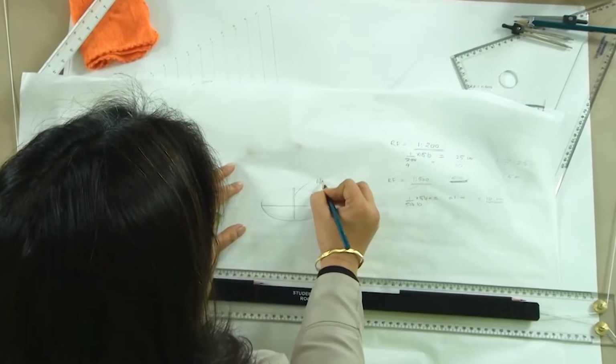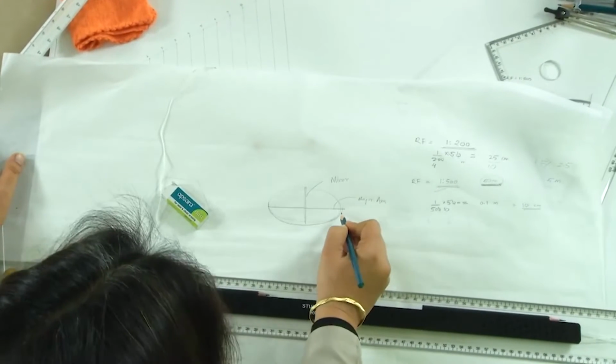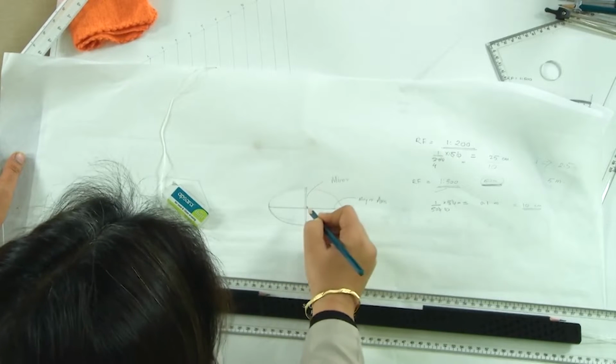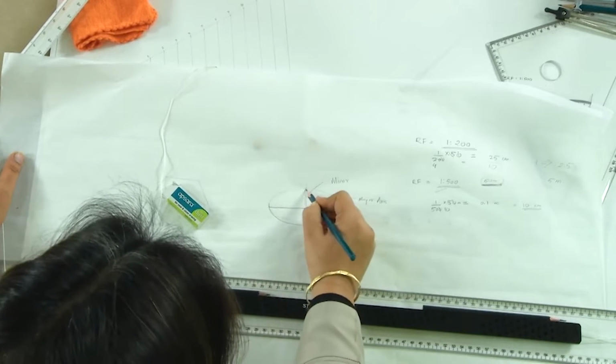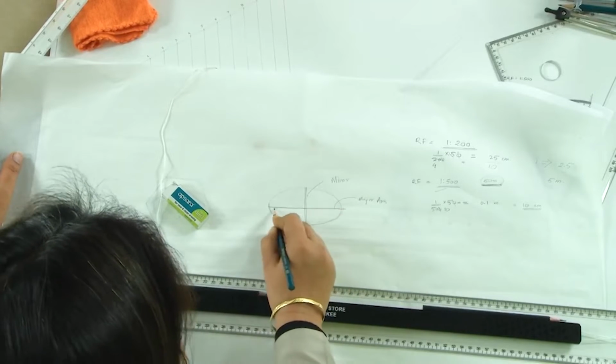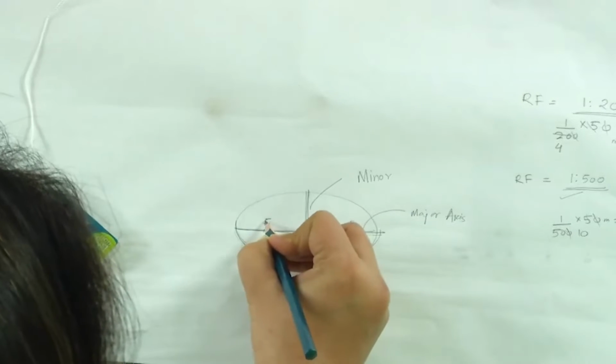The ellipse is symmetrical about these two axes, both this axis and this axis, but the axes are not equal. The major axis is bigger, the minor axis is smaller. In addition to this, we have two points which are called the focal points.